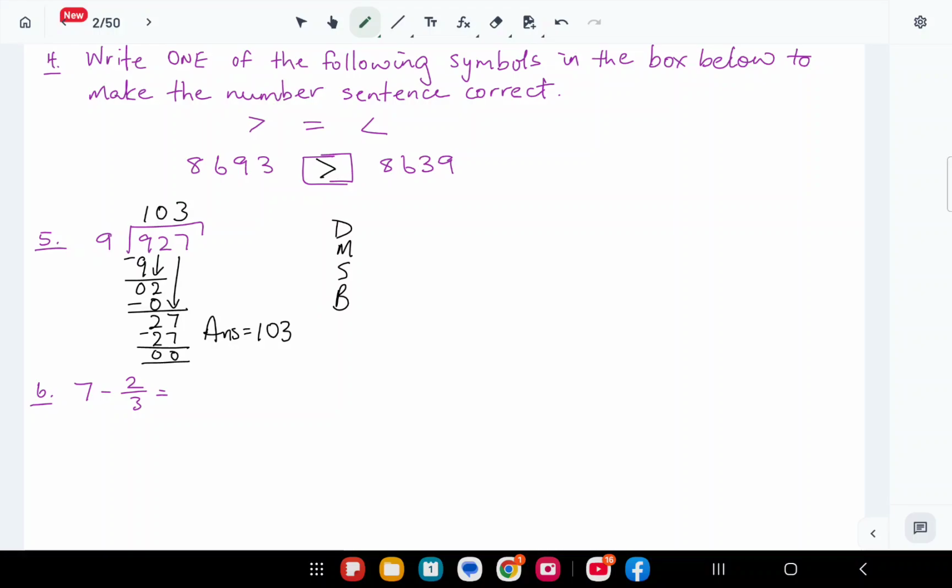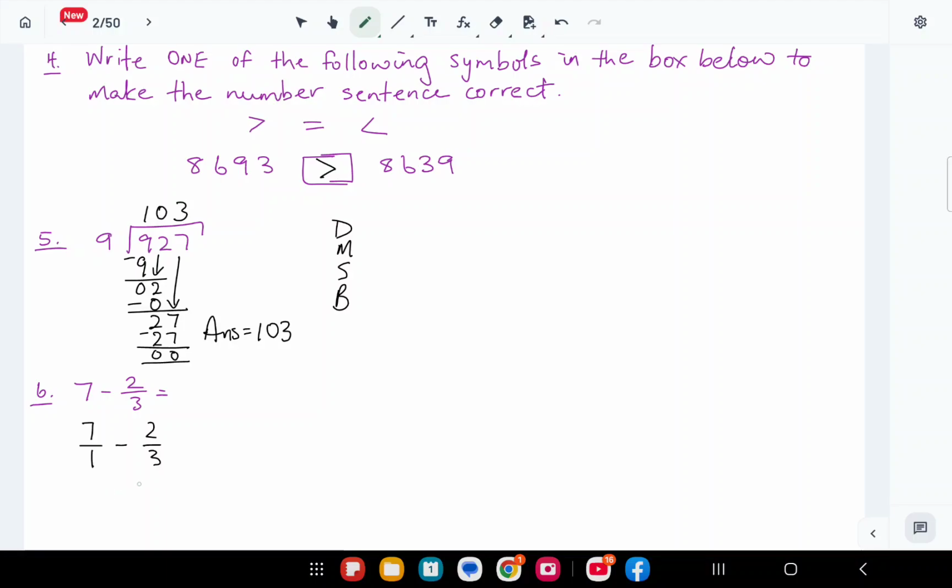Next we have this equation, 7 take away 2/3. How we can do this: we can represent the whole number as a fraction, and to do that we put it over 1. So we have 7 over 1 take away 2 over 3. This is subtraction of fractions with different denominators.